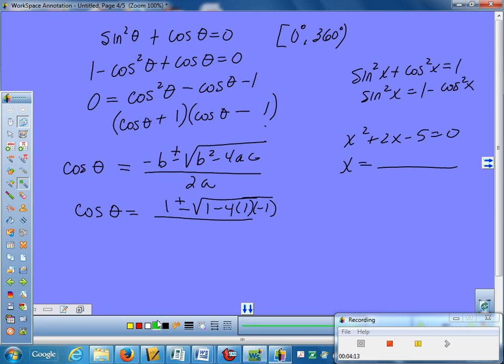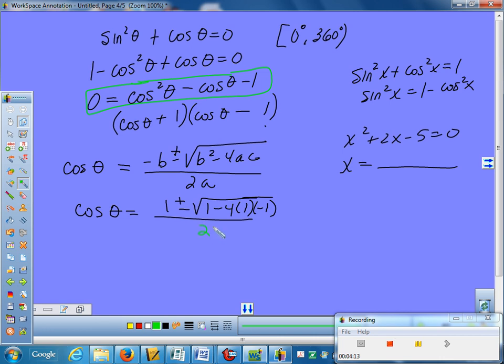Because you're using this version where it was all nice and cleaned up, because you're solving for cosine. That's what the formula will solve for. Normally, the formula solves for x, but in our case, instead of x, we have an entire cosine. So cosine equals whatever number we get here.